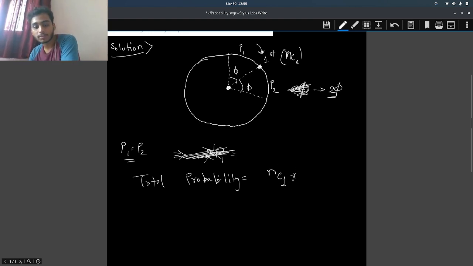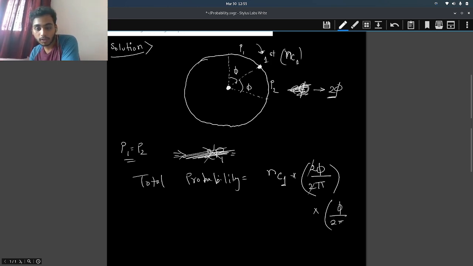We select the first point, which is the game changer, and after that we select the second point, like 2 phi by 2 pi, selecting any point in this 2 phi sector out of the total 2 pi angle, into phi by 2 pi to the power n minus 2. This is clear, right? NC1 into phi by 2 pi.